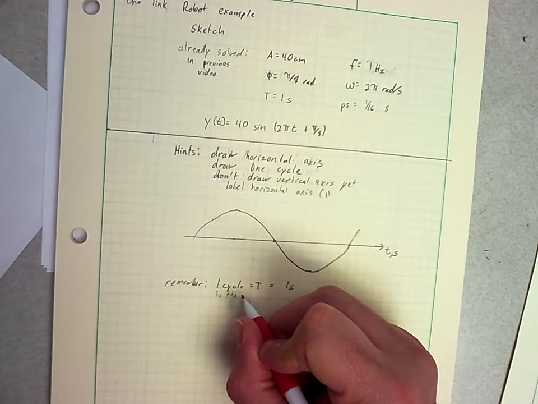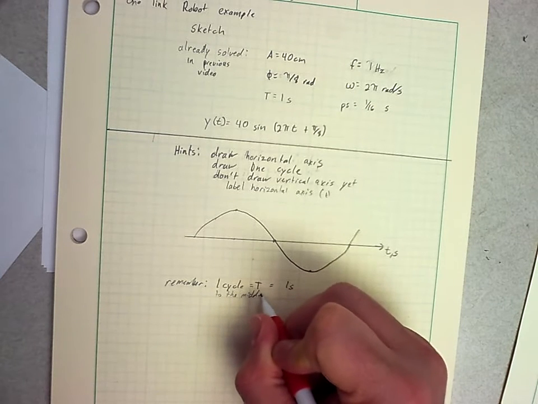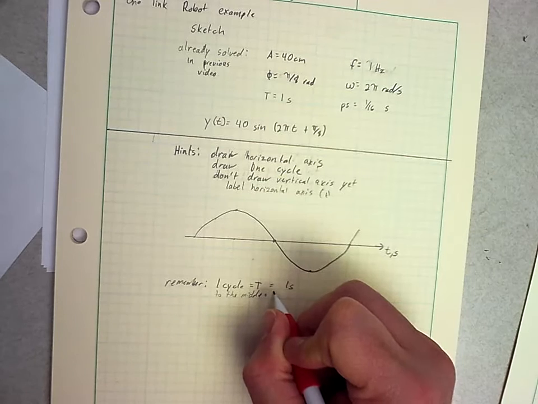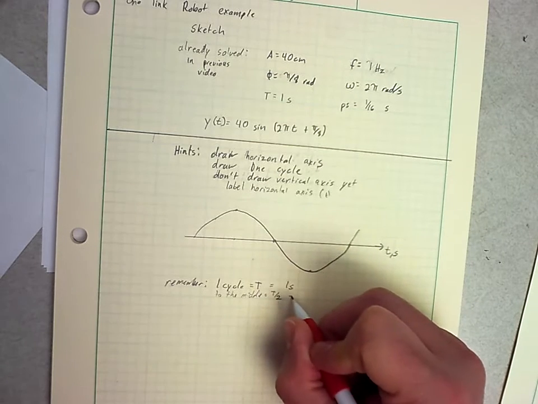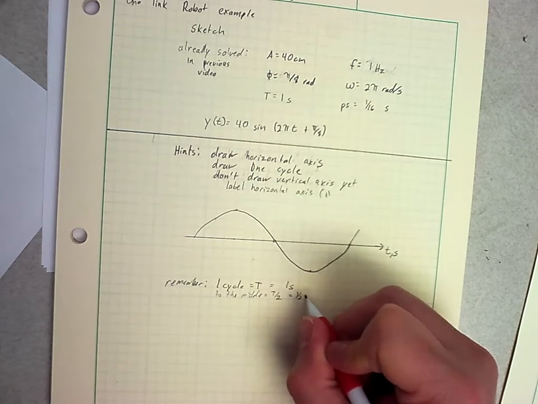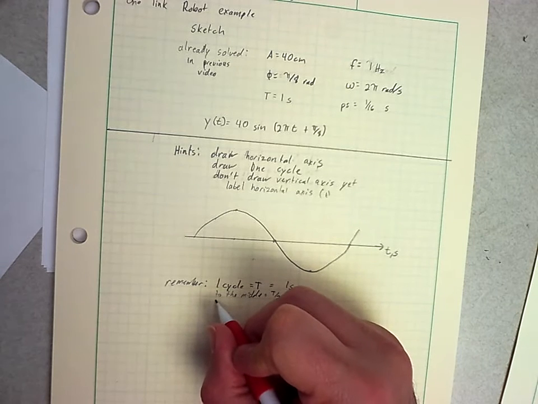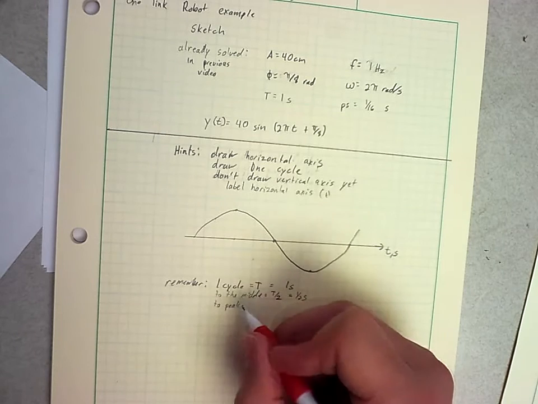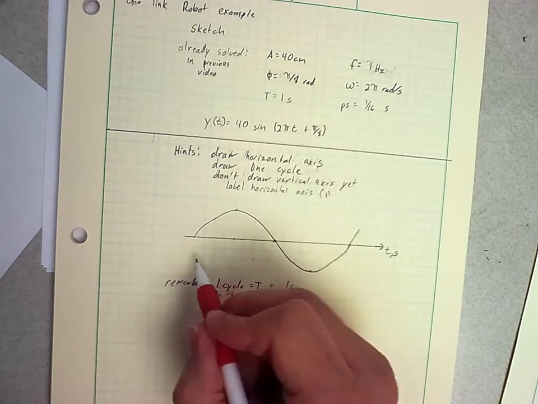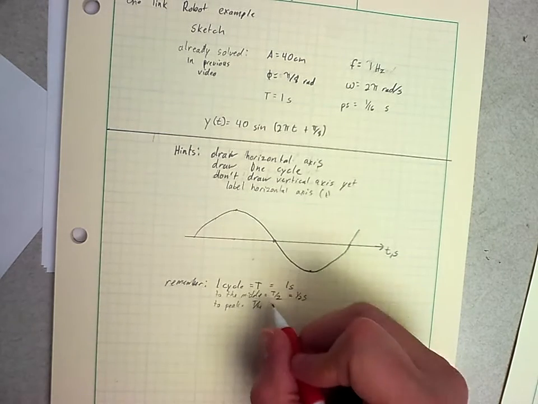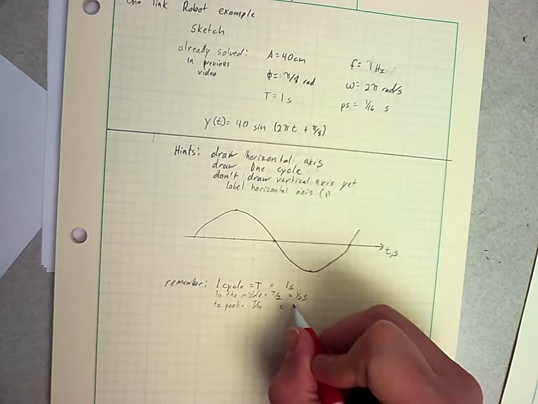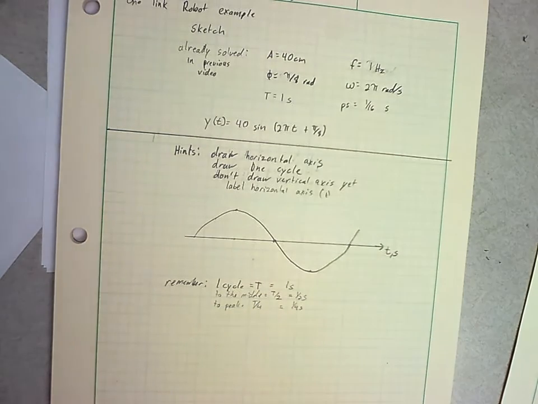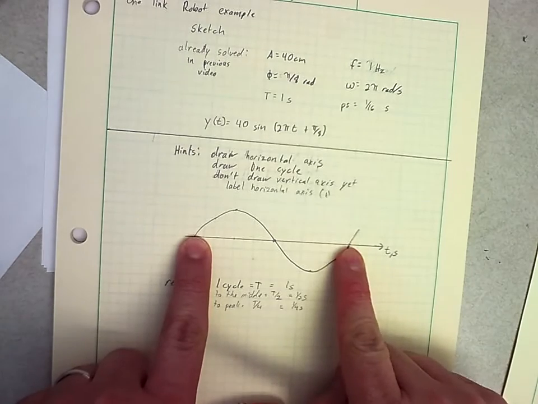To the middle is T over 2, which is equal to 1/2 second. And then to a peak is only 1/4 of our turn, so it's T over 4, which for us is 1/4 of a second. So I know this whole distance here is 1 second.